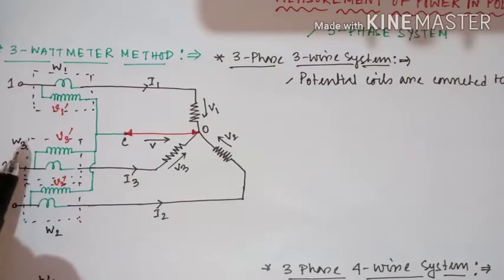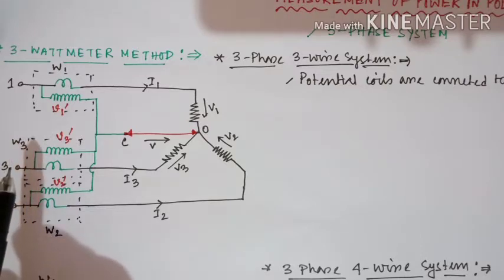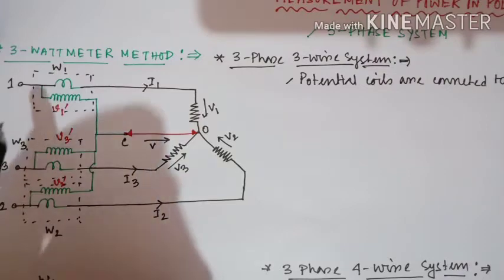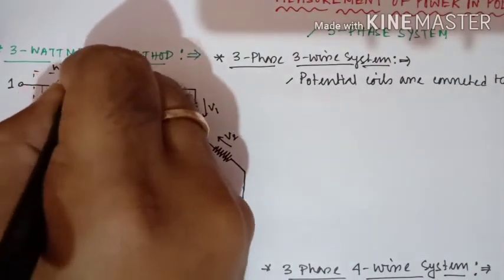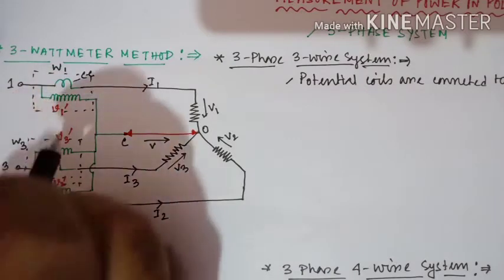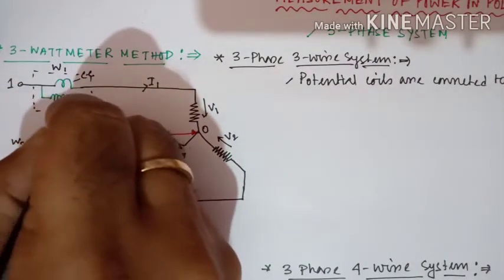Now we need to remember here the basic working principle of the wattmeter is similar to the electrodynamometer type instrument that we already know. So the electrodynamometer type instrument has two different coils. The upper one here in the diagram is called current coil, marked as CC, and the lower coil is called pressure coil or potential coil.